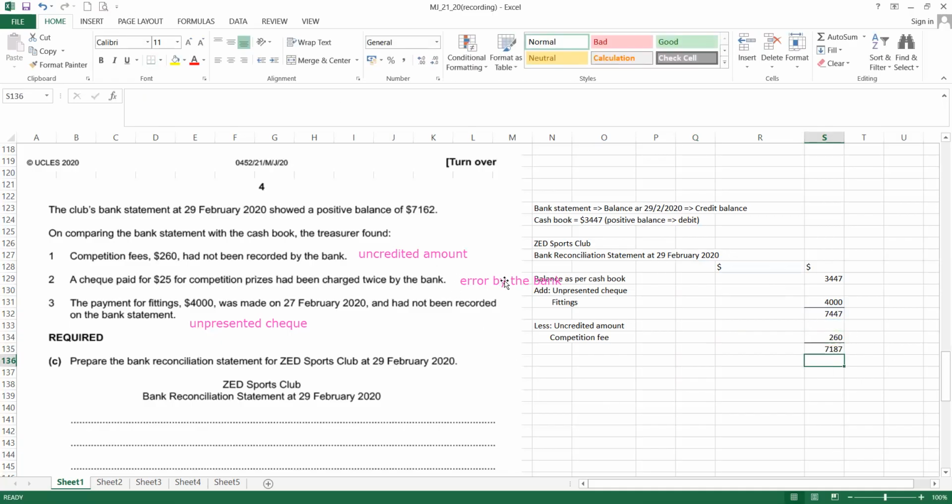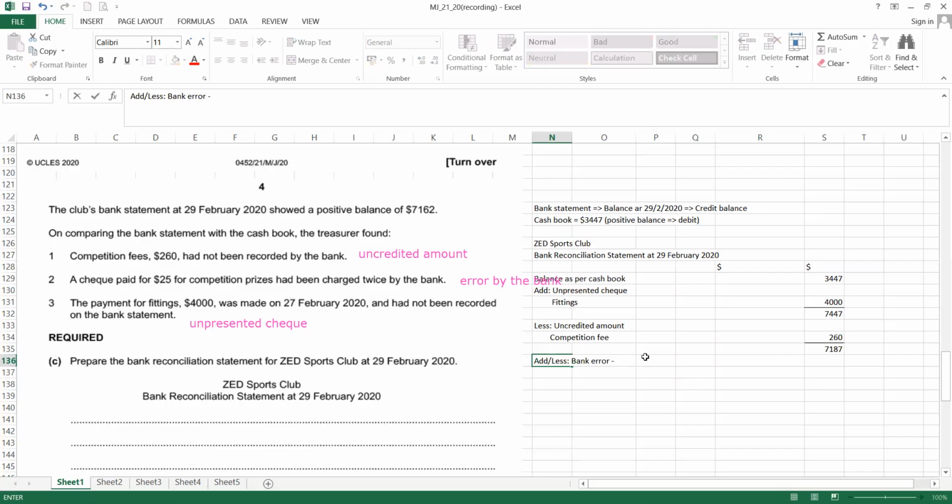Not yet finished, still got one more error by the bank. A check paid for 25 for competition price has been charged twice. About the formula, when it comes to the bank error, the situation can be either add or less bank error.